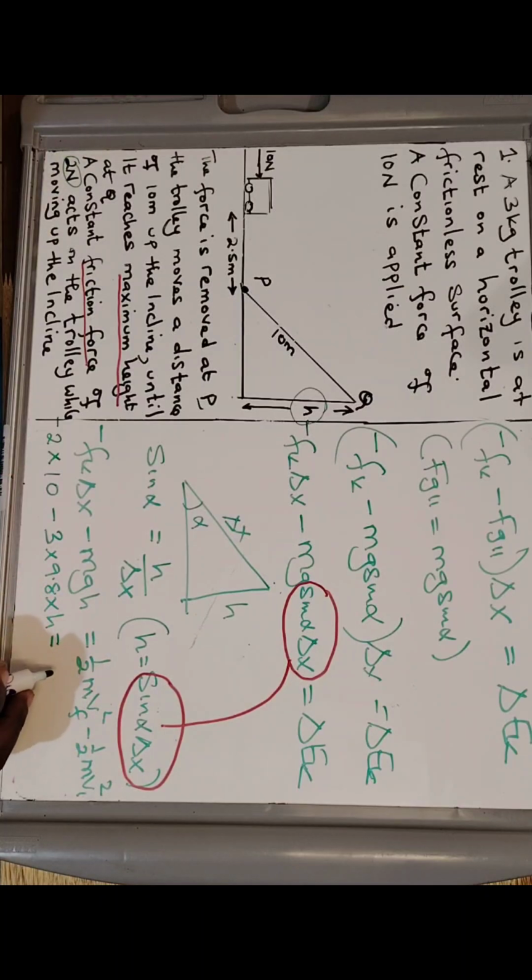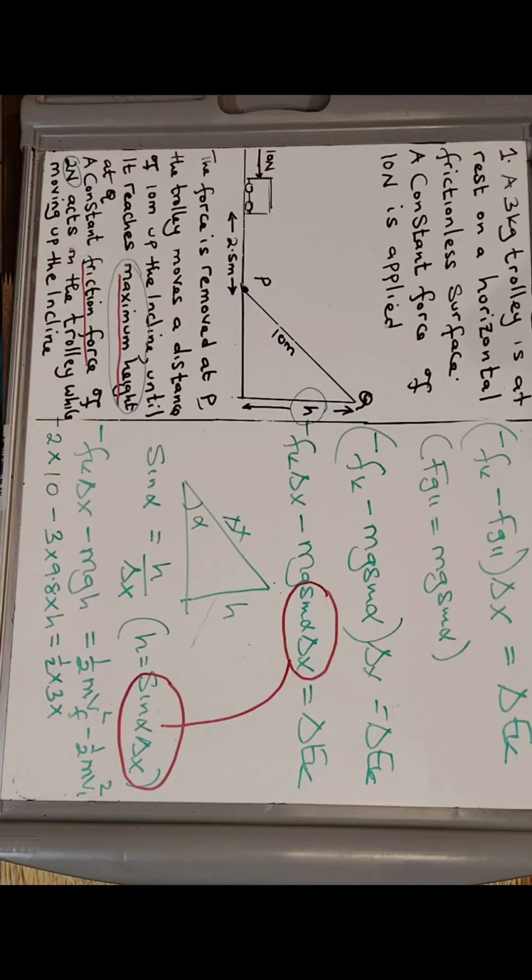And we know the mass comes again is 3. And the final velocity. Now this is where I wanted you to know. There's something which was said here. They said it reaches maximum height.